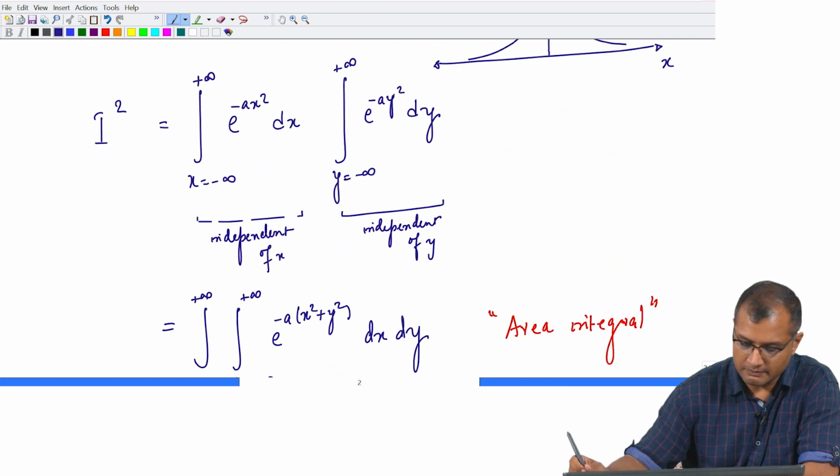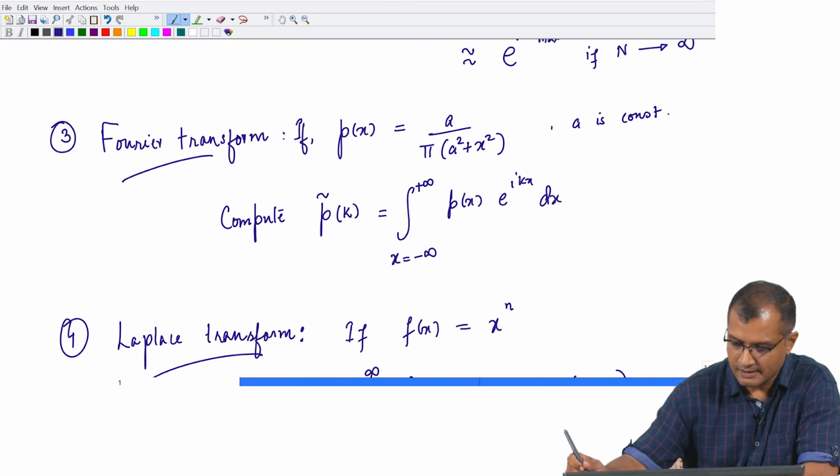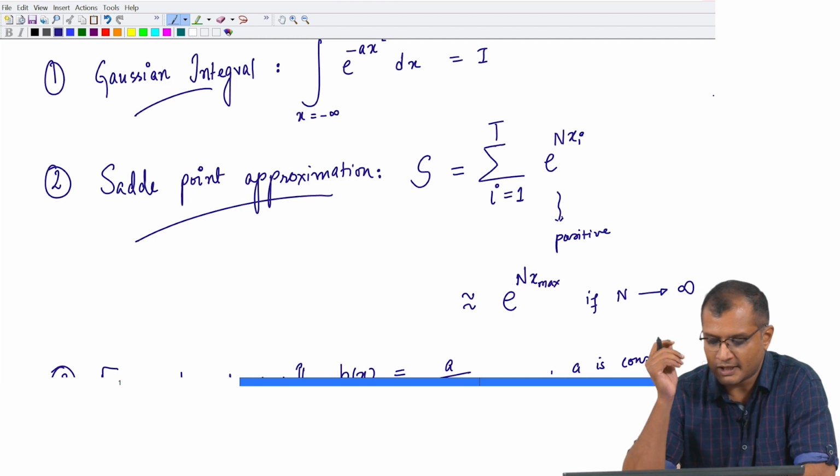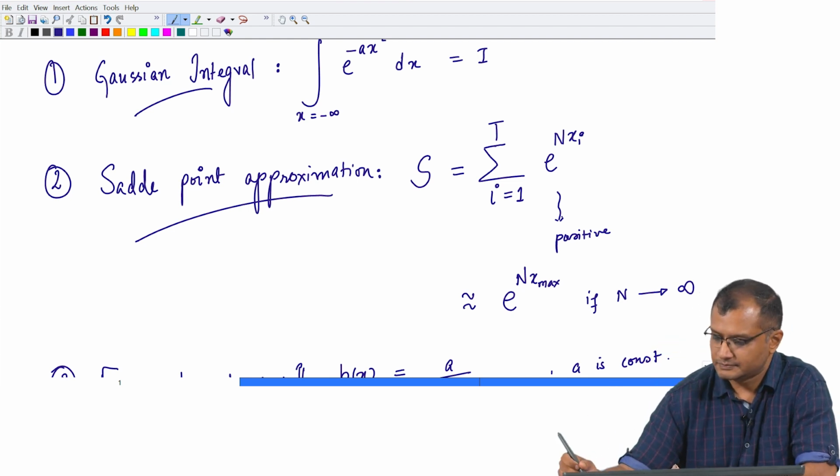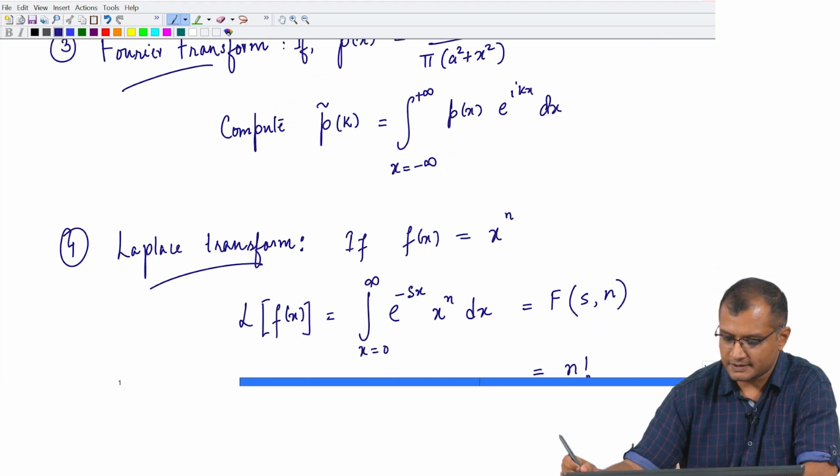So, our next problem in the agenda is to use a saddle point approximation, and we can do this.